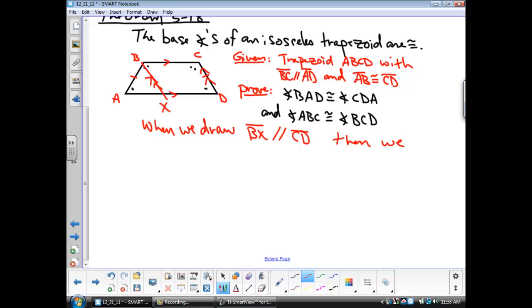Which means that this side and that side are congruent. So, since opposite sides are congruent, BX will equal CD, which equals AB.